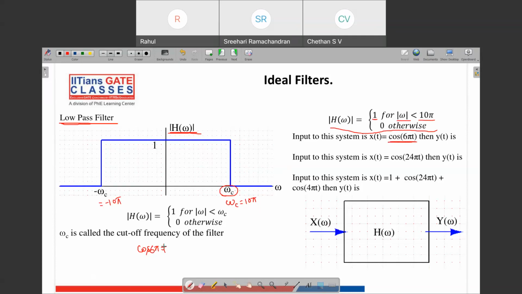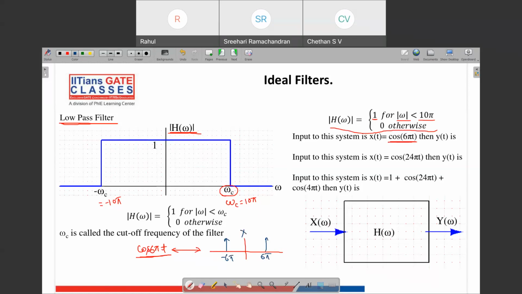If you calculate what kind of frequency content the cos 6 pi t signal has, it turns out that it has content located at minus 6 pi and plus 6 pi.